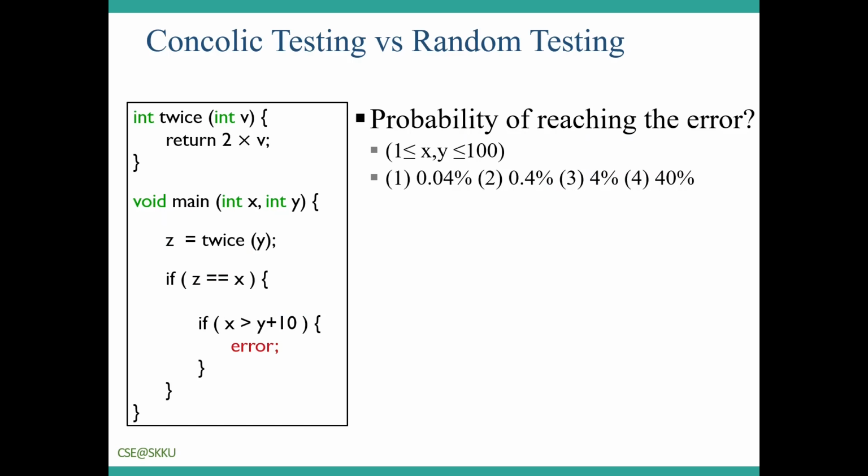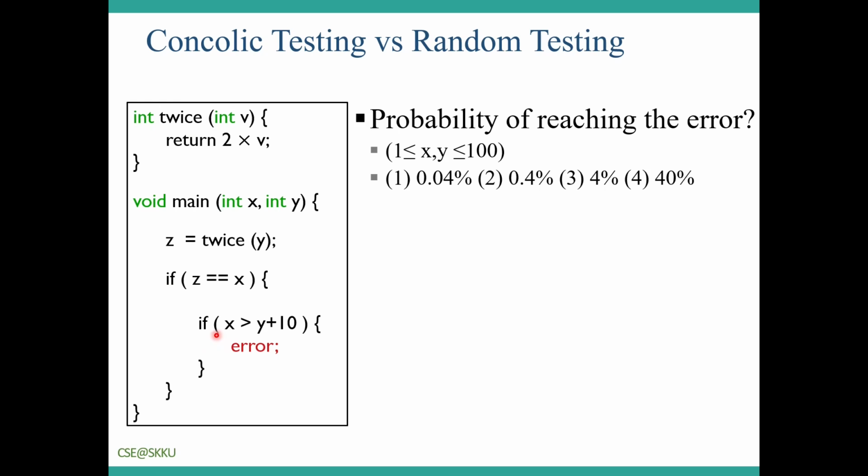Okay, so first let me show you a limitation of random testing using this simple 10-line program. As you can see, the program takes two integer inputs, x and y, and it then assigns a value to z by calling this twice function, and includes two if statements involving x, y, and z.